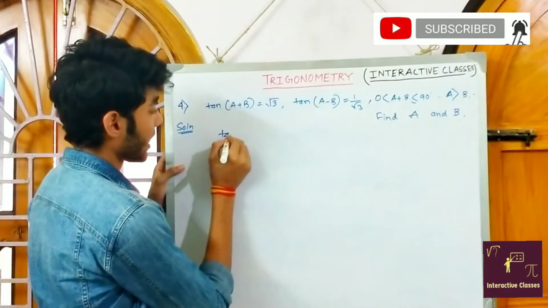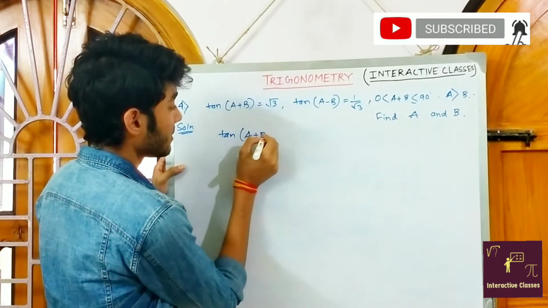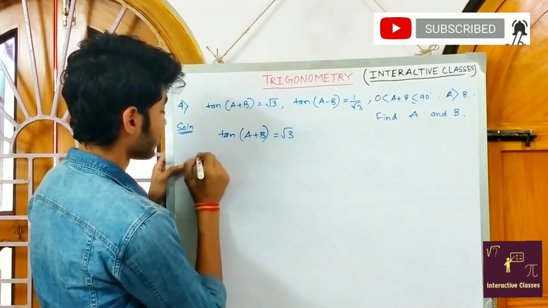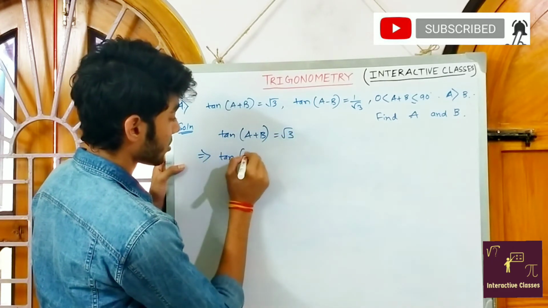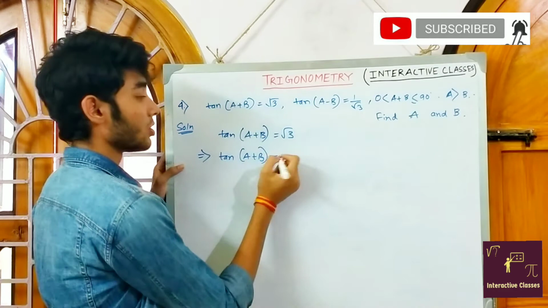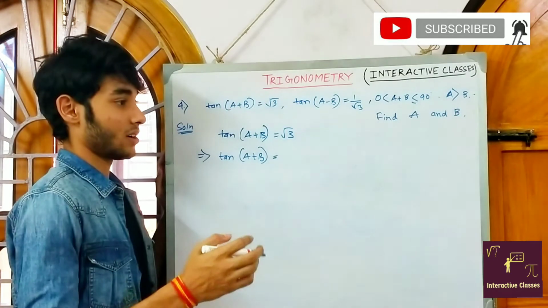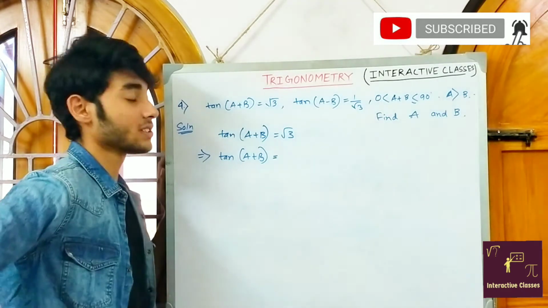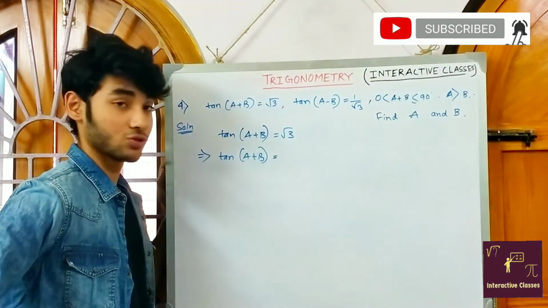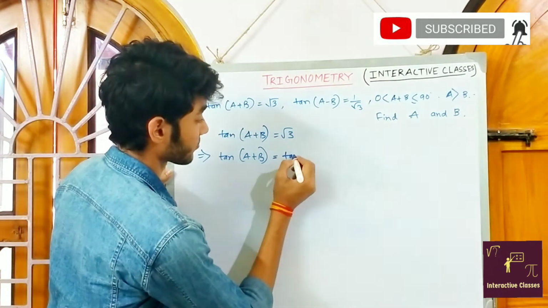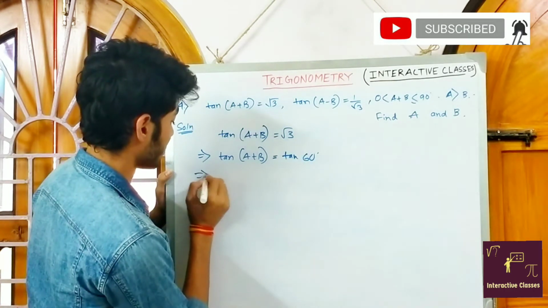So let us write tan a plus b equals to root 3. The value of root 3 in terms of tan is tan 60. So we can write tan 60.